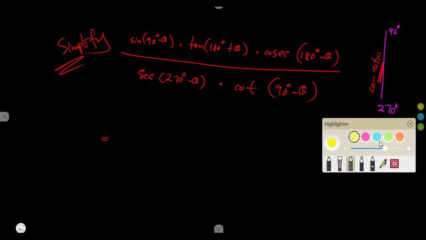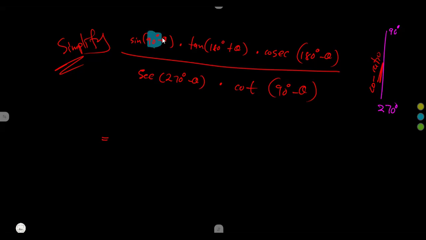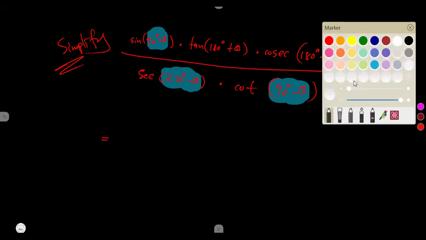Let us mark them: 90 degrees minus theta, this one is a co-function. Again, there's a 270 here. As long as we see 90 and 270, these ones are co-functions, and the rest are reductions. So, guys, that's just like that, all right?